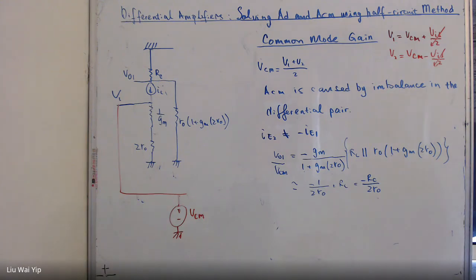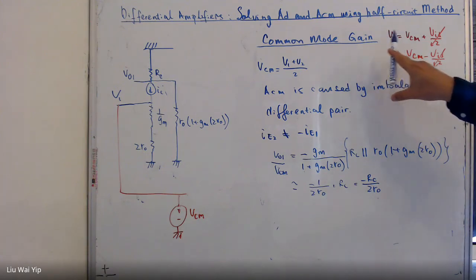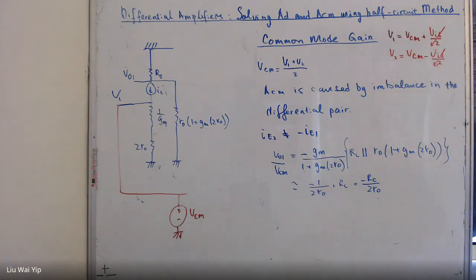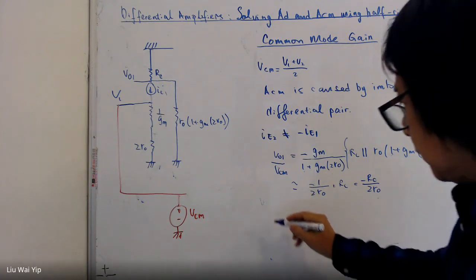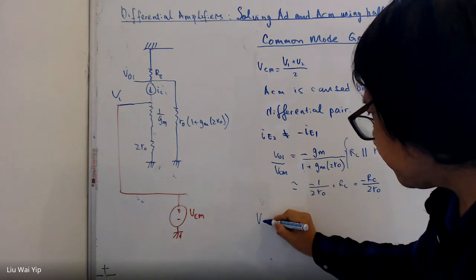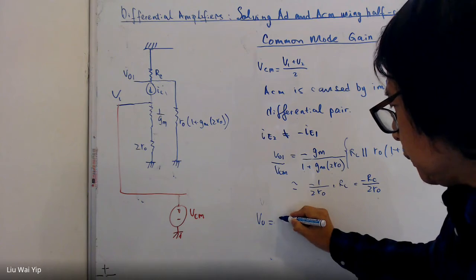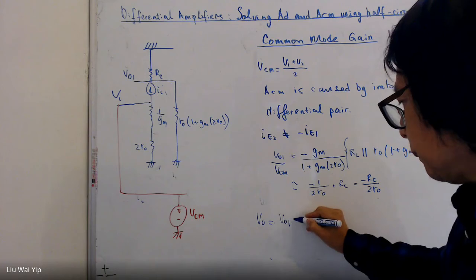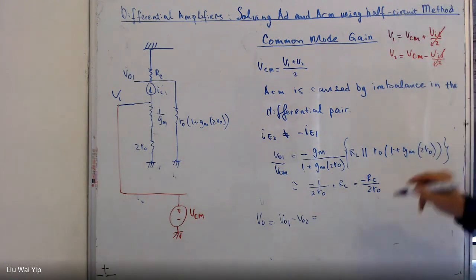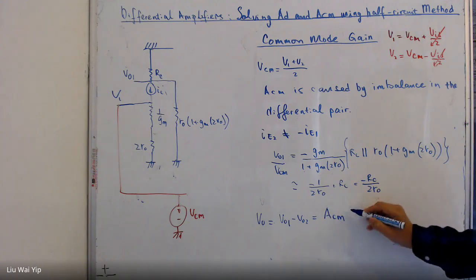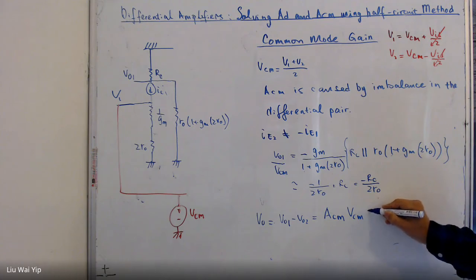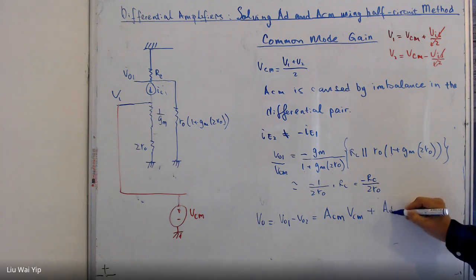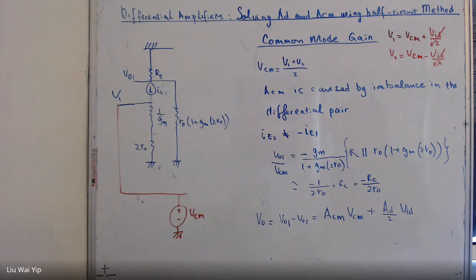And we have defined that V1 and V2 have these relations, and we can also define the voltage output, which is equal to VO1 minus VO2, as ACM times VCM, and then plus AD divided by 2, and then VID.